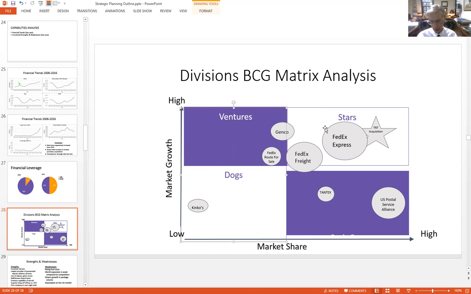And then you have a fast growth market and your company in that market with a high market share, because you've done some things right, is likely to produce good profit, good earnings.